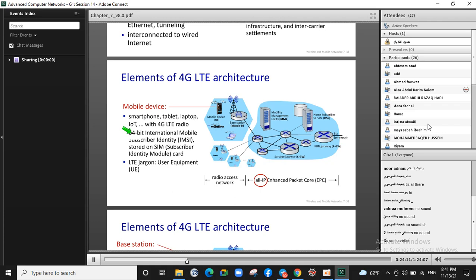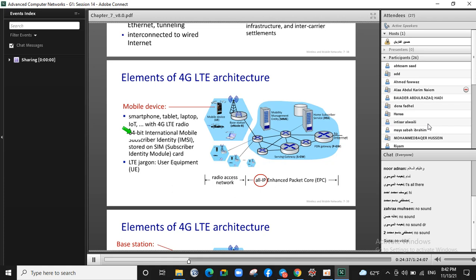Each of those places for SIM cards, for example if you have a cell phone with two places for SIM cards, each of those places has a different IMSI identity. It's a 64-bit identity, and it's an international identity.